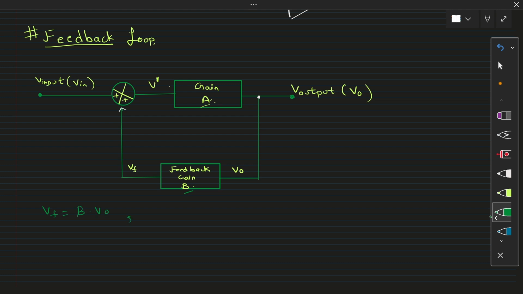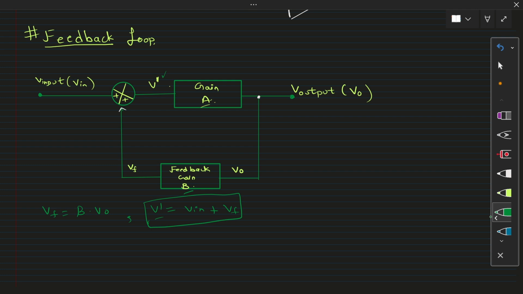You are feeding this Vf back to the input, and by the feedback, you are getting the final voltage as V dash here. So V dash is basically V input plus Vf. V dash is your equivalent voltage after the feedback.